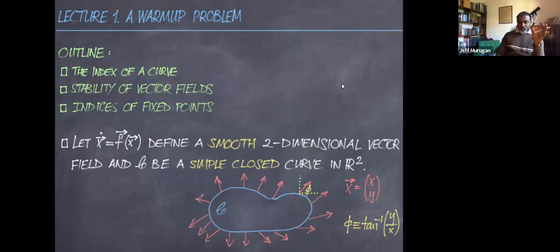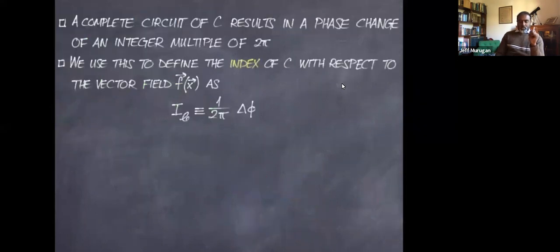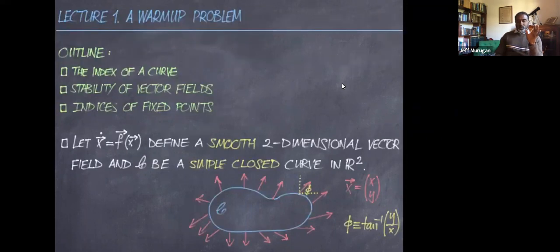Okay, so now we have a smooth two-dimensional vector field and some simple closed curve in the plane. What do we do with it? Well, suppose I pick a point on my curve and I make a complete circuit of the curve. So I go around the whole blue curve C, and I pick some point, let's say here, doesn't matter.